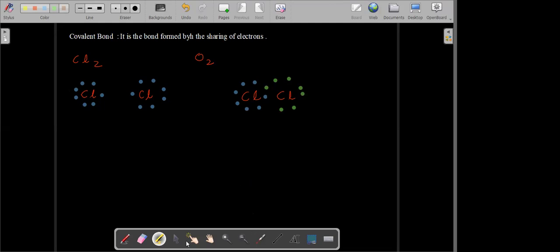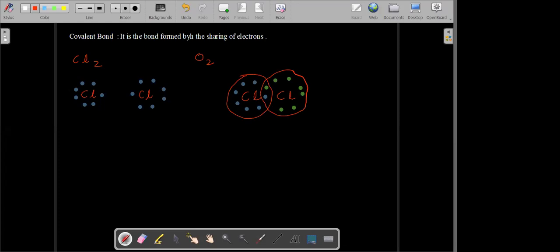Now you can see the octet of each chlorine is satisfied. This chlorine now has 8 electrons, and its octet is satisfied, and the other chlorine also has 8 electrons: one was its own electron, and the other was the shared electron. So we observe that the valency of each chlorine is satisfied by the sharing of electrons.